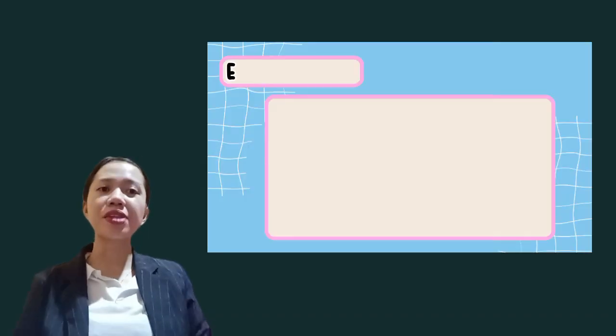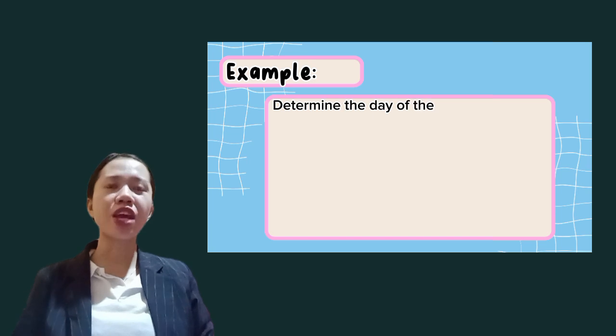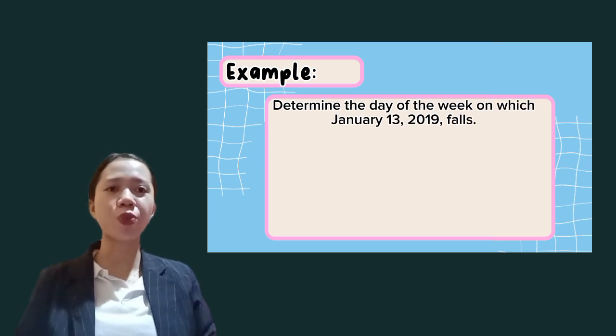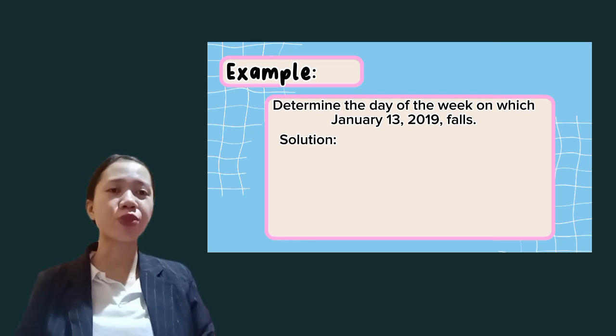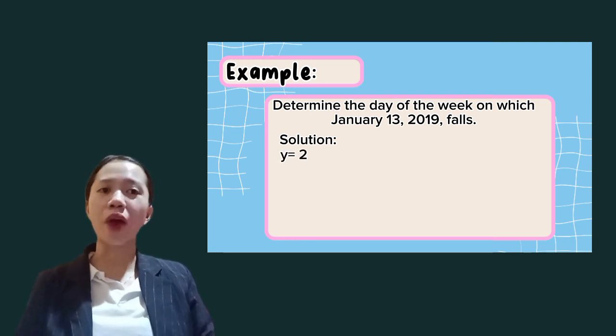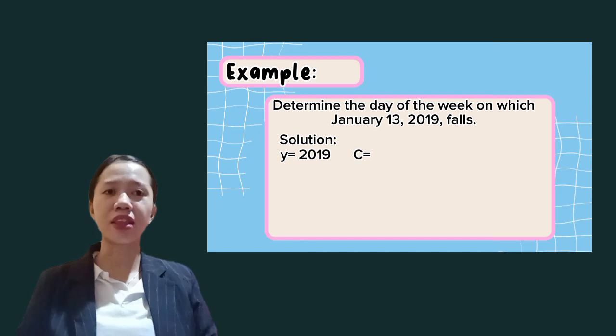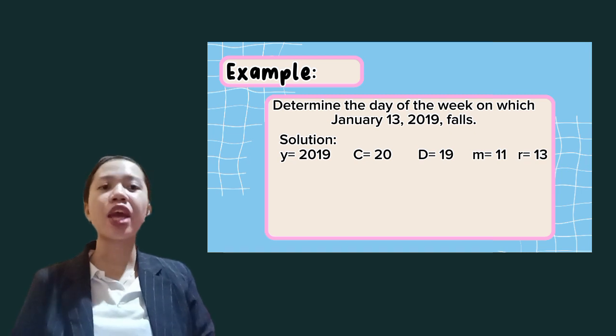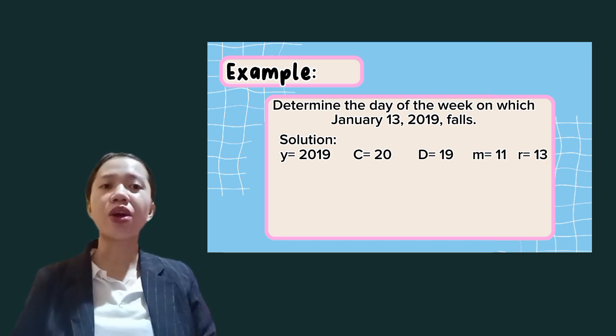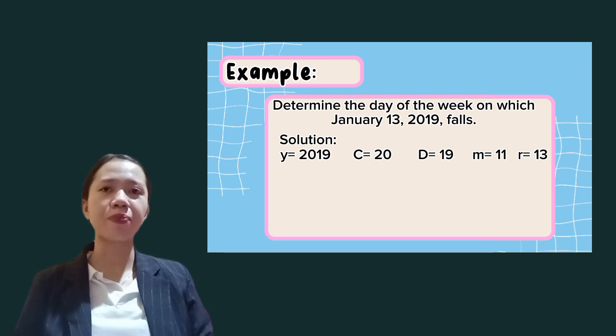For example, determine the day of the week on which January 13, 2019 falls. Since January is the 11th month of 2018, hence C is equal to 20, d is equal to 18, M is equal to 11, and R is equal to 13.